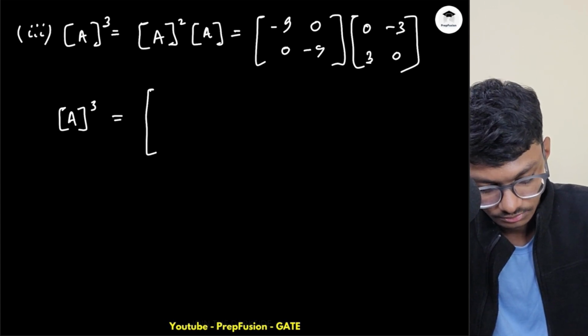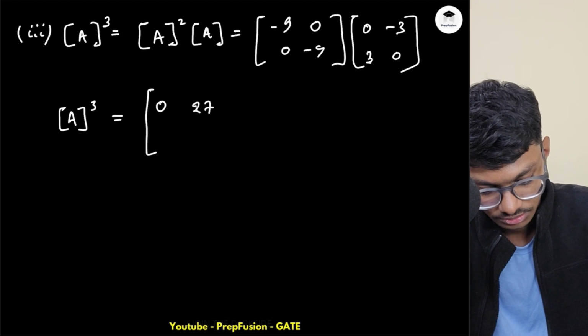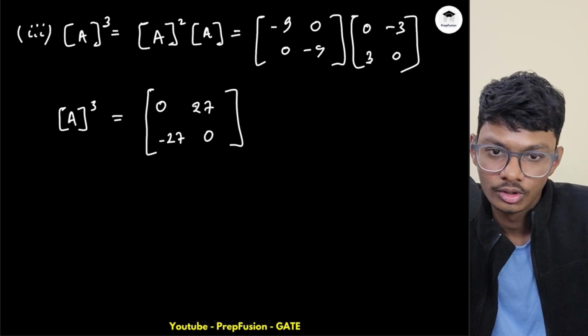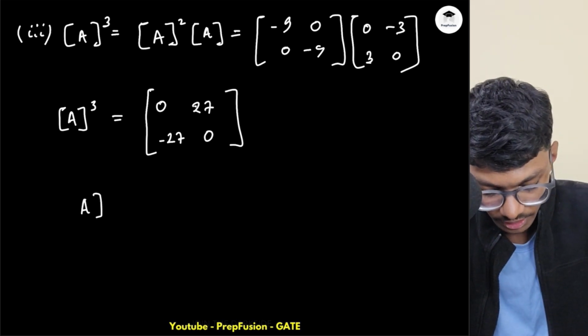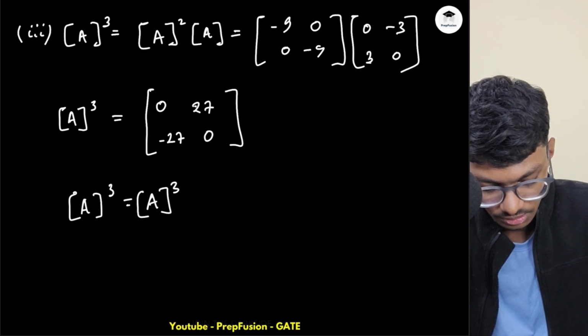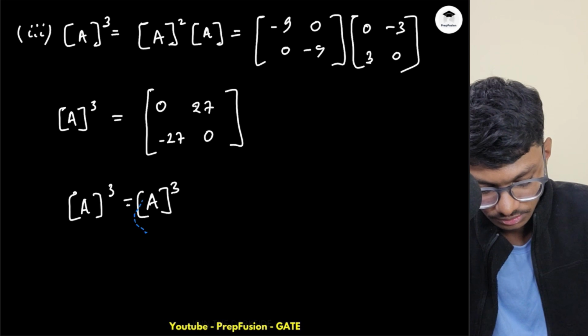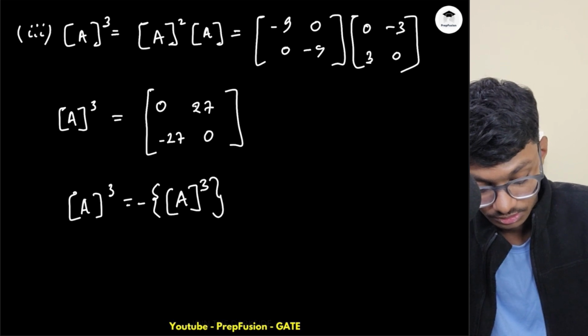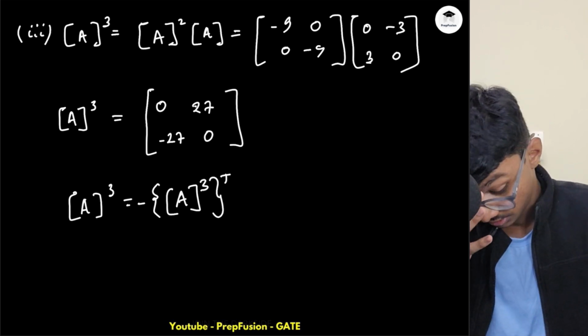This becomes 0, 27, minus 27, 0. So what do we observe here? We observe that A cube is equal to A cube whole transpose, not simply equal, there is a negation sign also. Okay, so this is what it becomes.